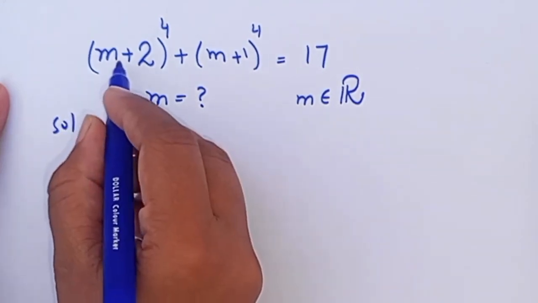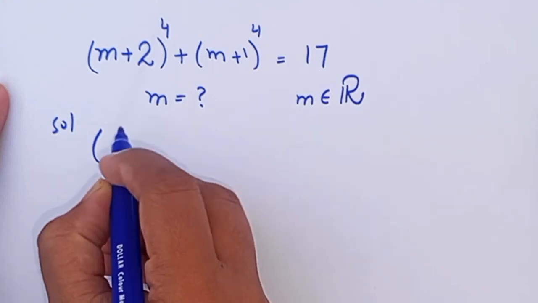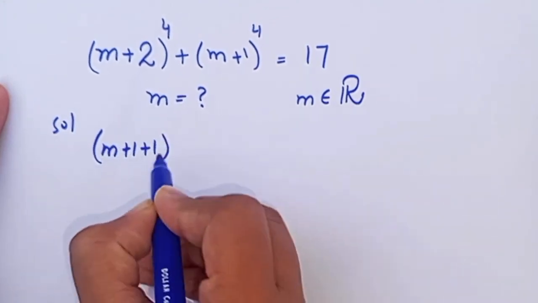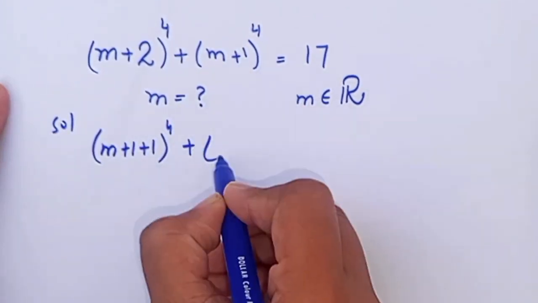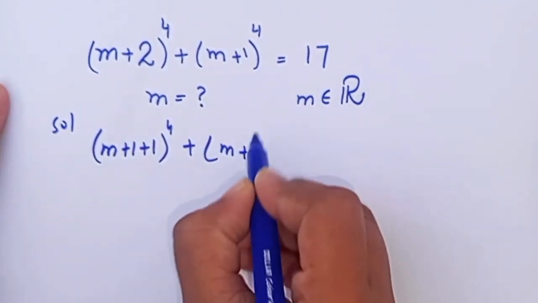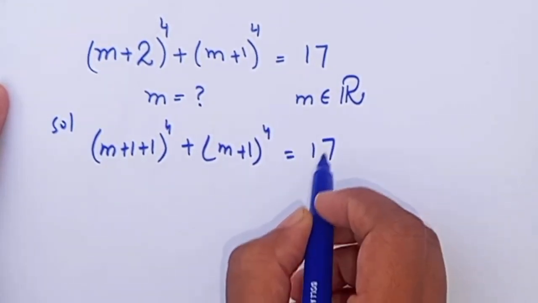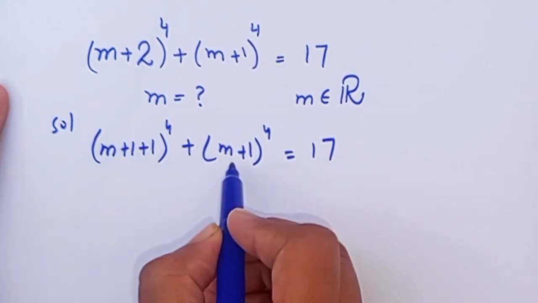Look at this, this is m + 2. We write this first term as (m + 1 + 1), its power is 4. We copy the second term (m + 1)^4. This is equal to 17. Now look at this: m + 1 is involved in this term, and it's also involved in this term.